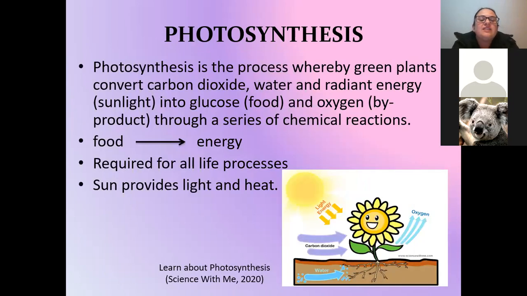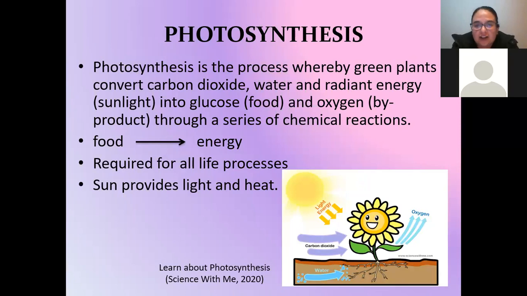Okay, so the definition of photosynthesis is the process whereby green plants convert carbon dioxide, water, and radiant energy or sunlight into glucose, which is food, and oxygen as a byproduct through a series of chemical reactions. Does that make sense to you?